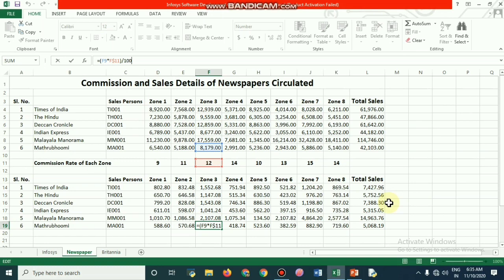This type of making calculations with absolute cell address and relative cell address or mixed cell address. There are three possibilities: relative cell referencing, or making a cell constant and keeping it so the values need not be changed.